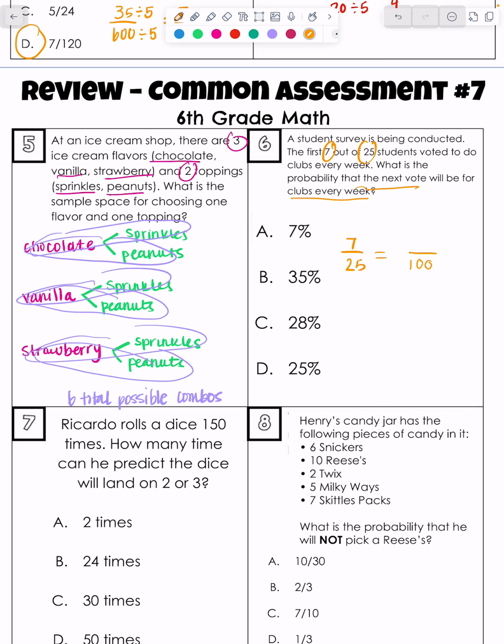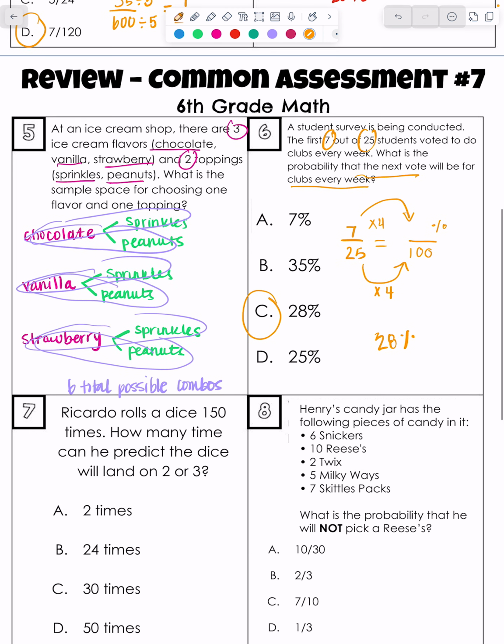So I'm going to write 100. And then the percent goes here. How can I get from 25 to 100? Well, that's times 4. So now we're going to do 7 times 4. Because if I times 4 on the bottom, I have to do it on top. So 7 times 4 is 28. So we can predict that 28% of the votes will want clubs every week.